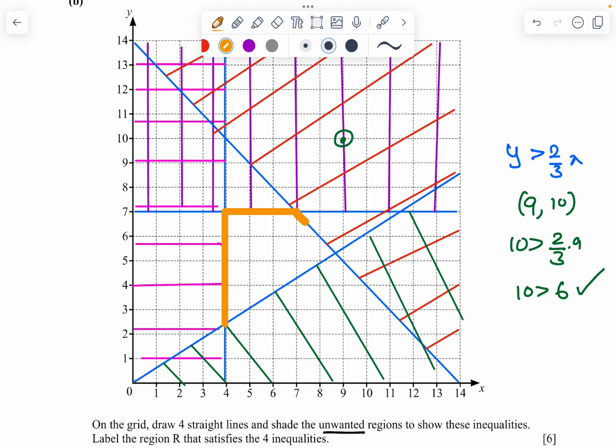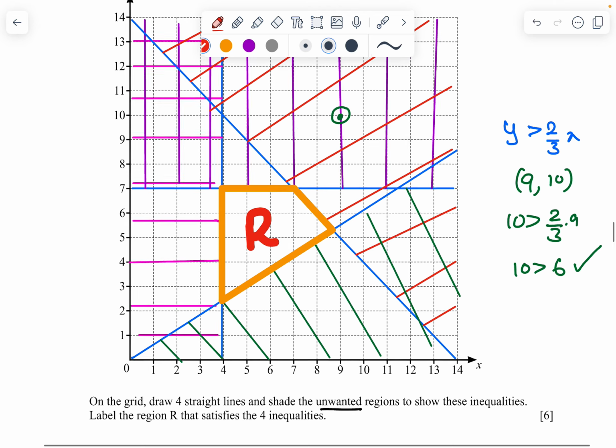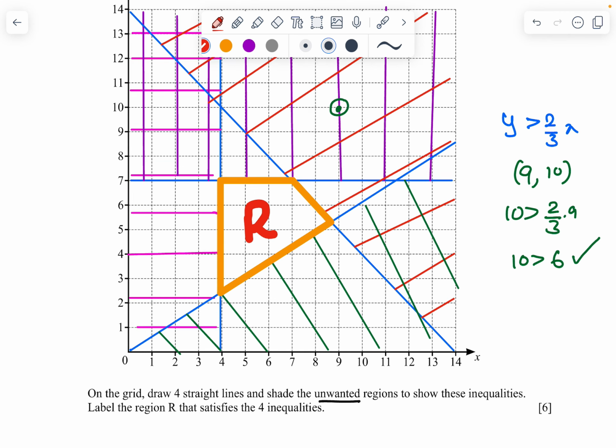Here I am getting a quadrilateral, region R, and it satisfies all the four inequalities.